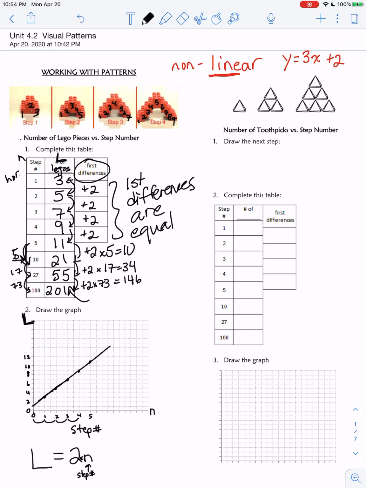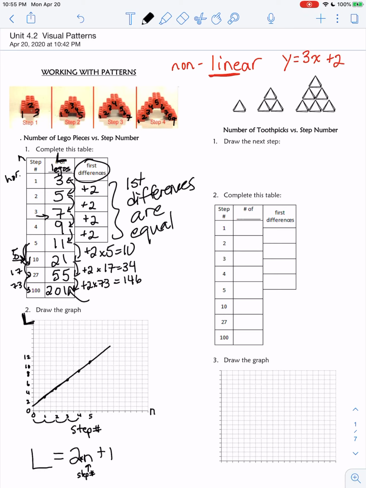But for step number 1, if I do 2 times 1, that only gets me to 2, but I need to get to 3. So I have to add 1 to that. Let's just test it out for step number 2. 2 times 2 is 4, but I need to get to 5, so I have to add 1 to that. 2 times 3 is 6, plus 1 is 7.